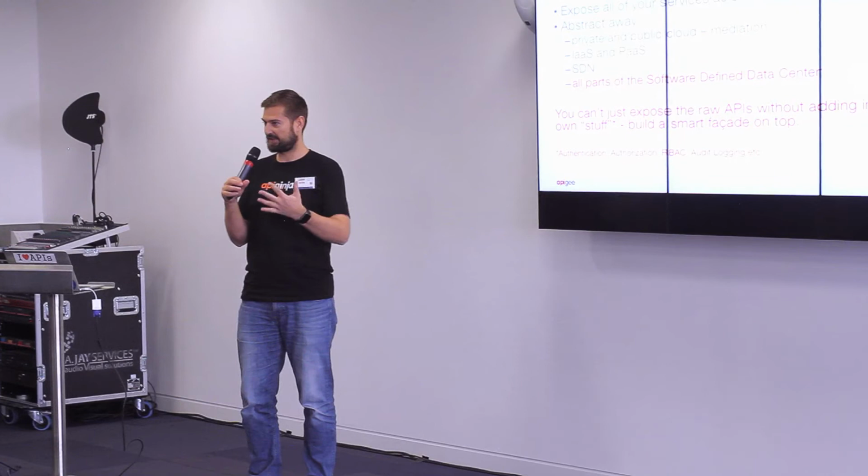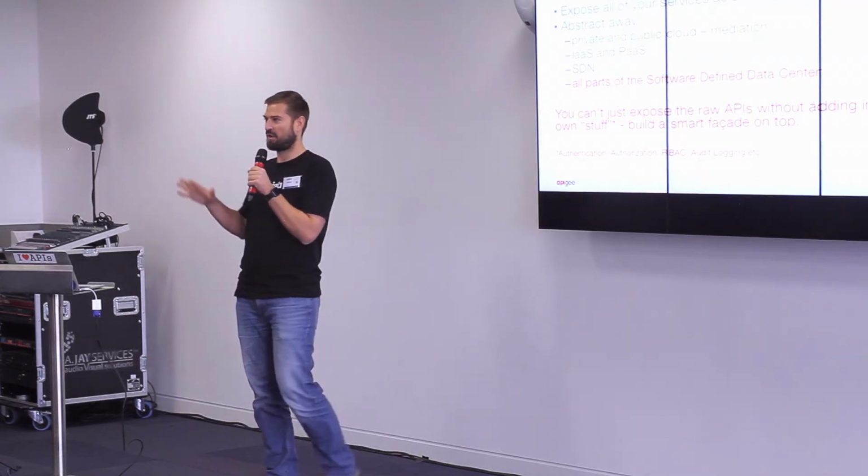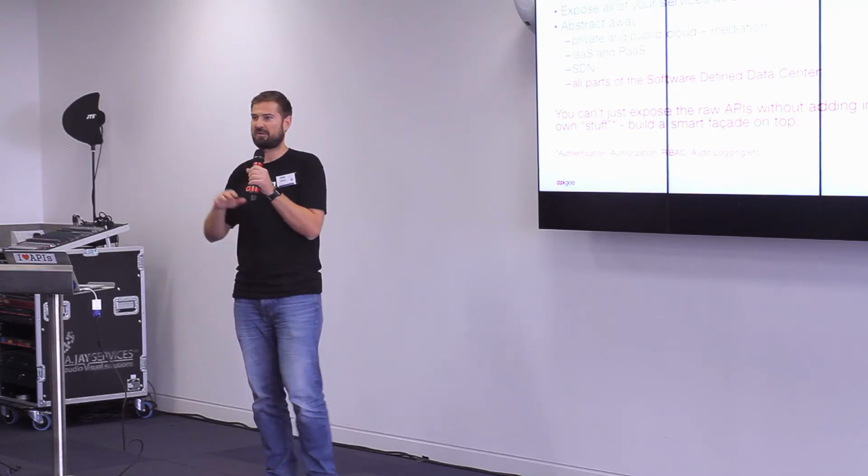When I talked about all this infrastructure you're building, massive software-defined data centers, and vendors have sold you a bunch of stuff that you have to stitch together, and maybe you decided that we weren't going to buy one SDN controller from one vendor, we're going to buy two because we want to hedge our bets.